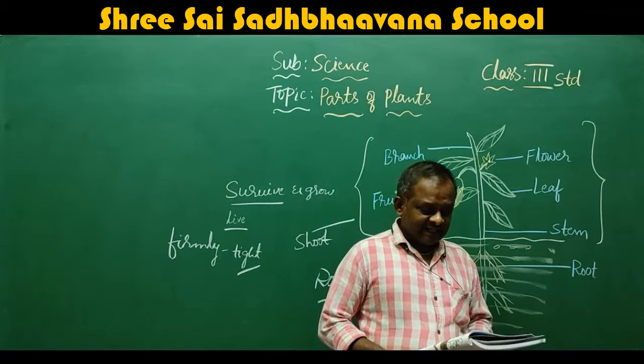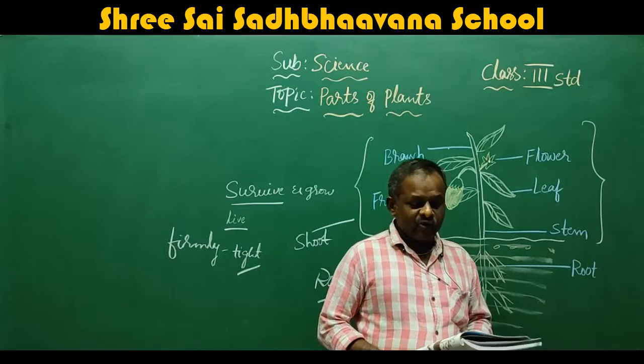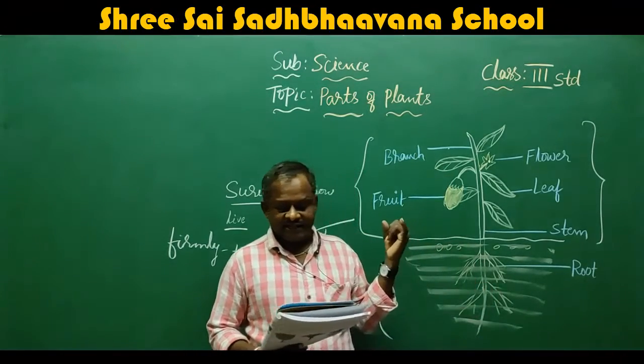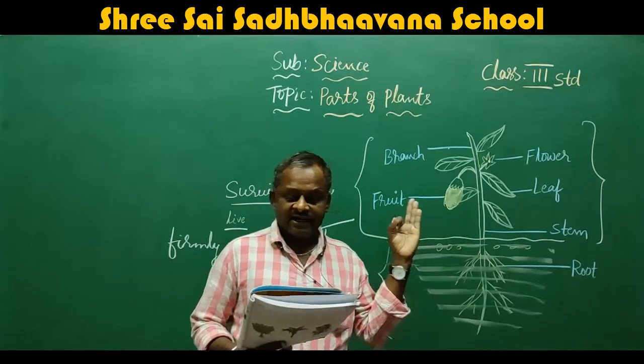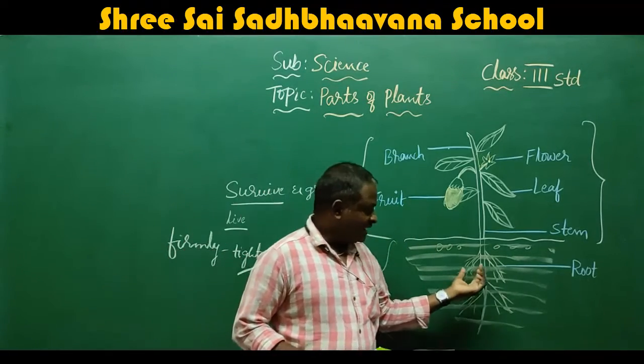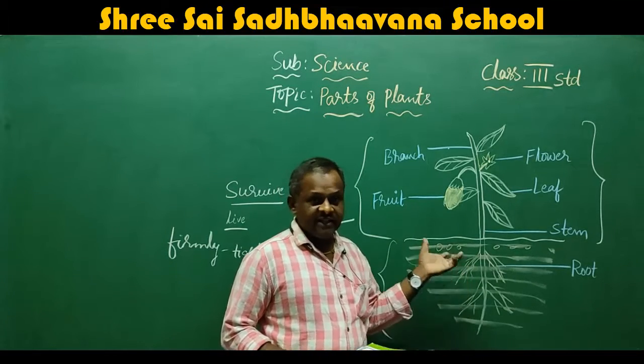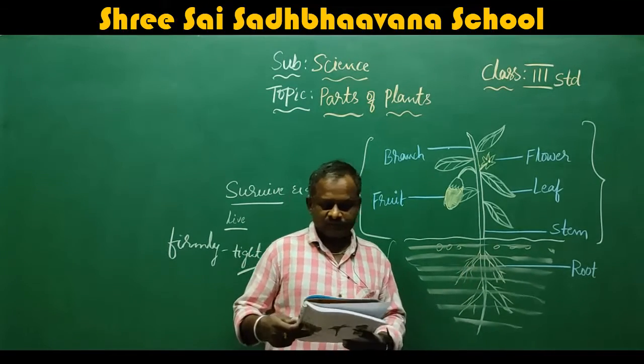In some plants like radish, beetroot and carrot, roots store food. That means the roots become the edible part here, and in those roots they store the food.